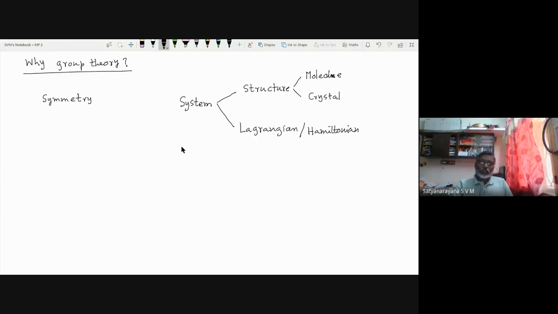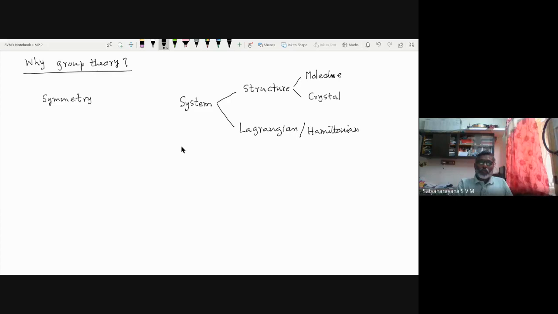Let us say you have some molecule like methane, for example. It has a certain molecular structure, or some crystals. Okay, let us say sodium chloride, you have some crystal structure for that. So your system can be any of these things.